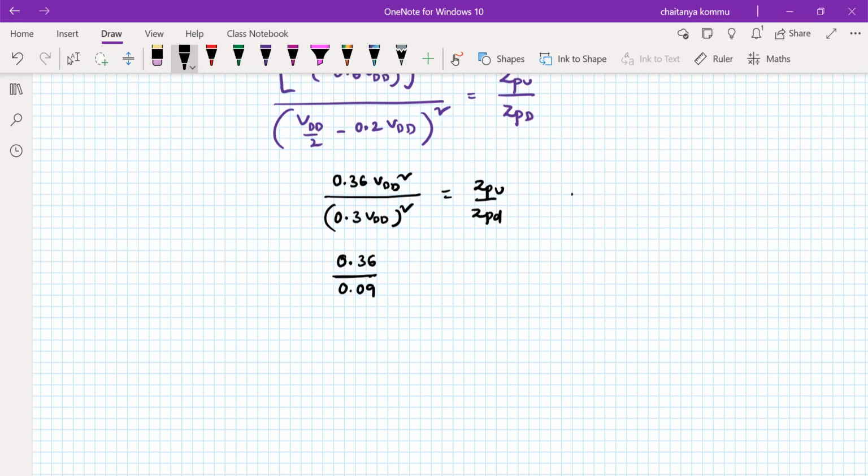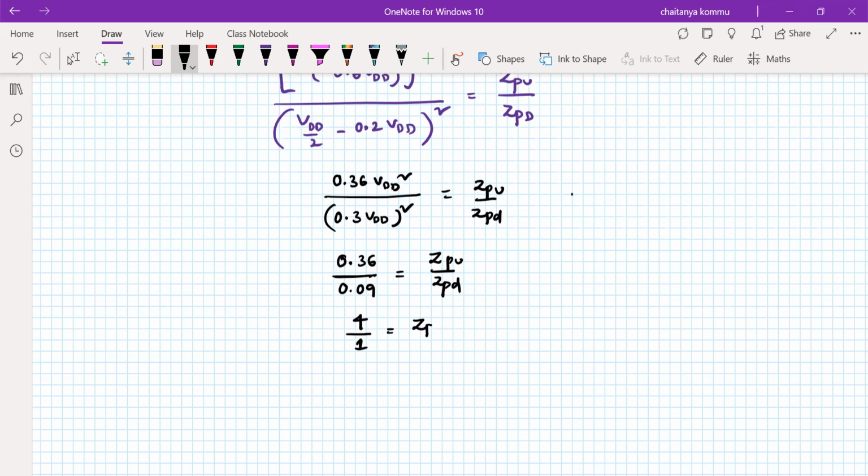VDD will get cancelled. So what is the value of ZPU divided by ZPD? This value becomes 4 divided by 1. You simply write it as the ratio.